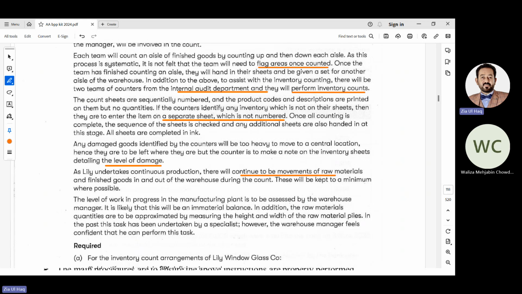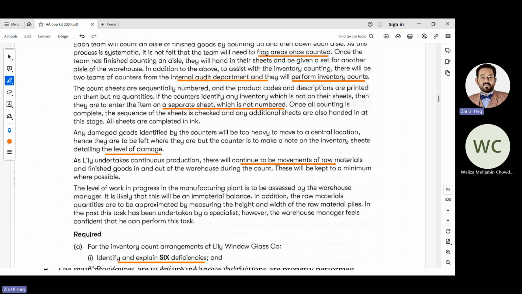The level of work in progress in the manufacturing plant is to be assessed by the warehouse manager. If the warehouse manager is assessing the level of work in progress, he might be including raw material into work in progress or finished goods into work in progress.